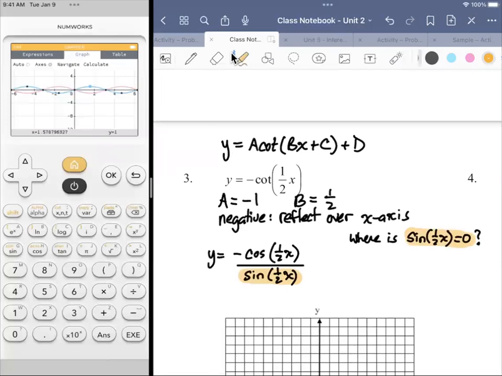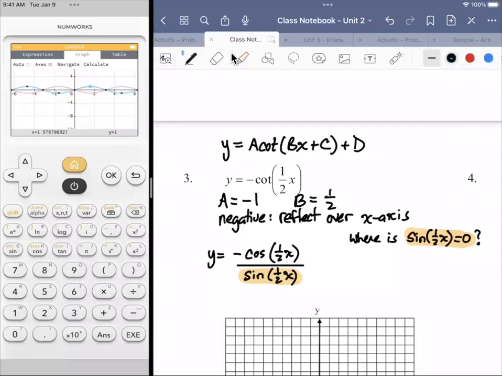If it's undefined, it's because there is a location in which the denominator is equal to 0. Most of the time, an undefined fraction leads to a vertical asymptote. In the case of reciprocal functions, it certainly does.